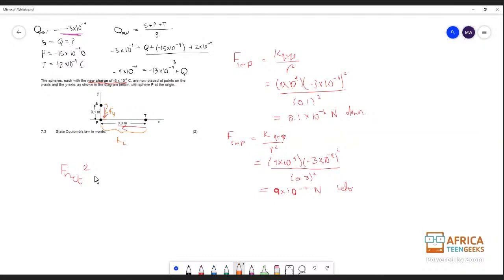And then we are going to find the resultant force is equal to F S on P squared plus F T on P squared. And that gives me a value of F net. I'm just going to square root it from the start because then it's just easier to put it all into my calculator.